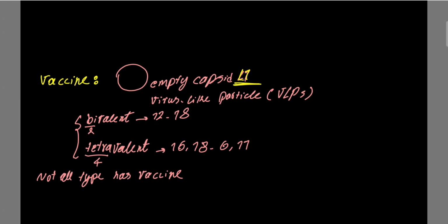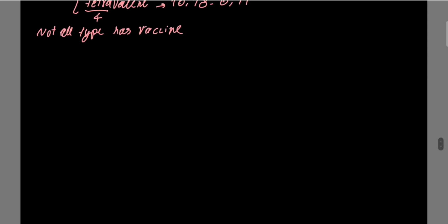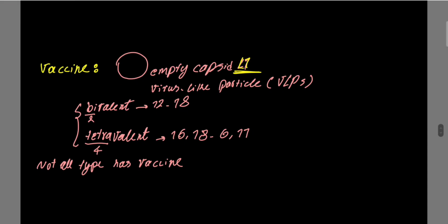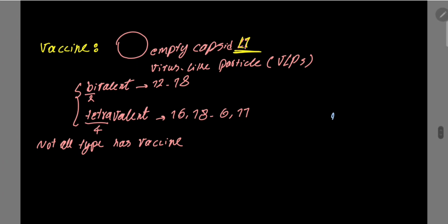The vaccine can be bivalent, against genotypes 16 and 18, or it can be tetravalent: 16, 18, 6 and 11. And it's important to note that not all the types of papillomavirus have a vaccine.